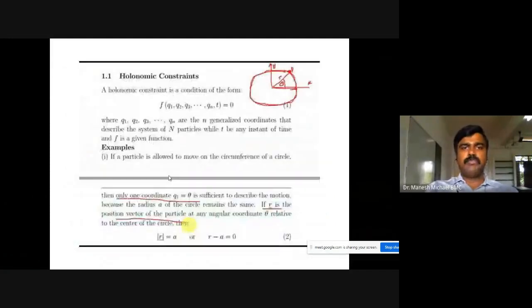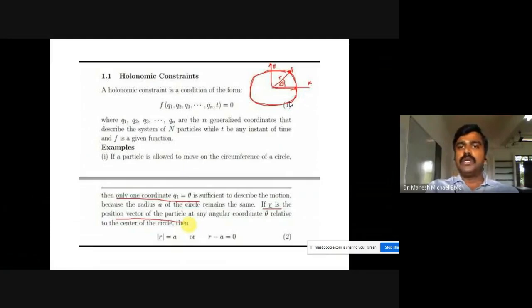The next example of a holonomic constraint is a particle moving on the circumference of a circle. The particle is restricted only to the circle. Then the motion can be represented with a suitable equation, that is, the equation of a circle.